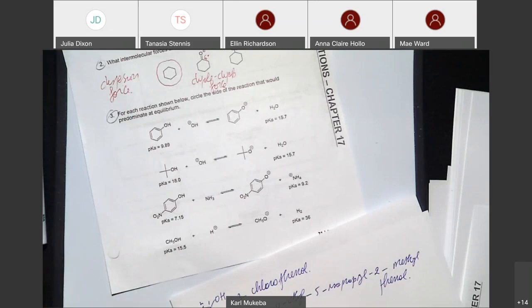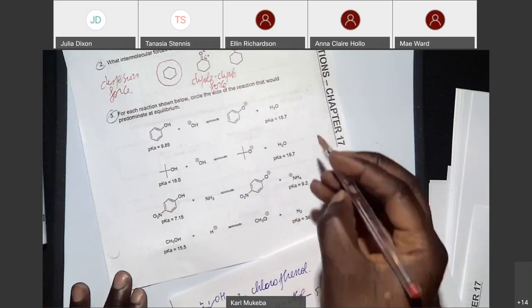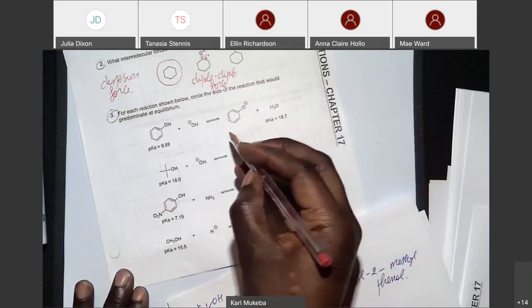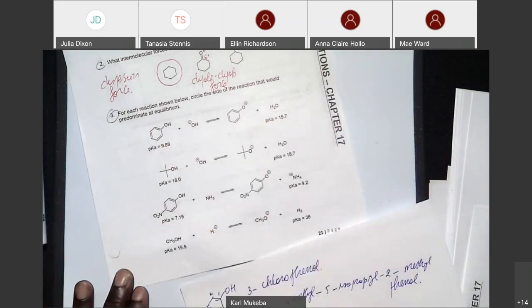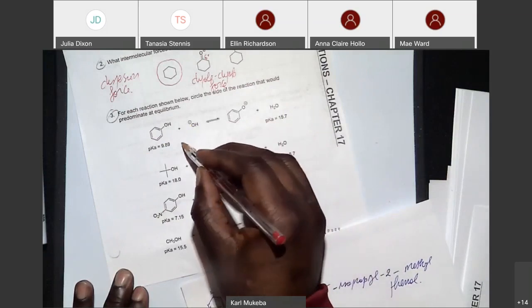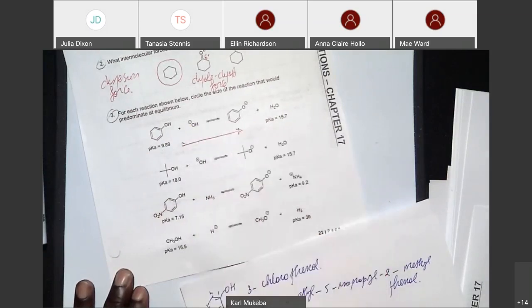Does that make sense? So large pK means what? Less acidic. So you don't have to think twice. You just put your arrow. It's going to go from small pK, which is more acidic, to large pK, which is less acidic.